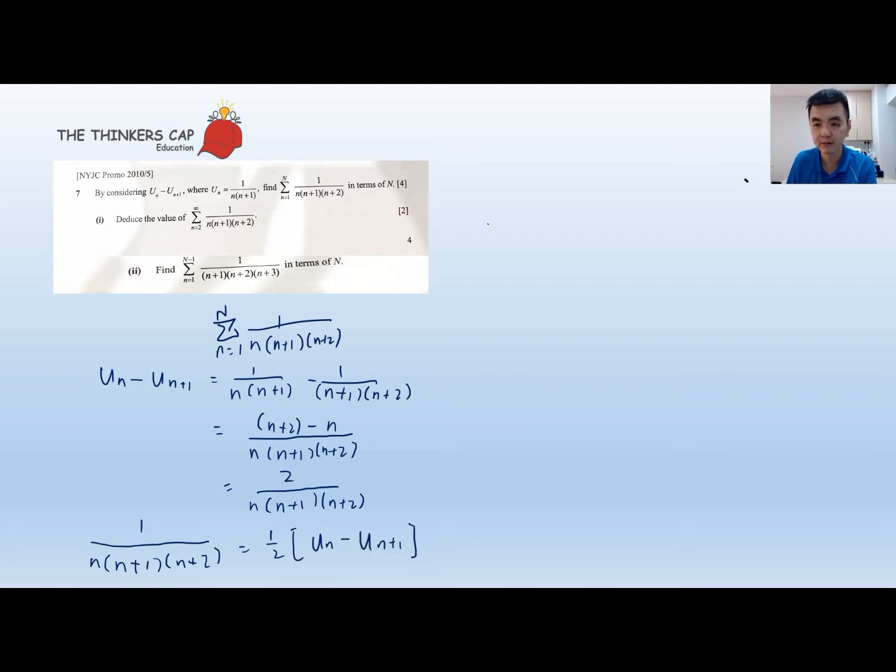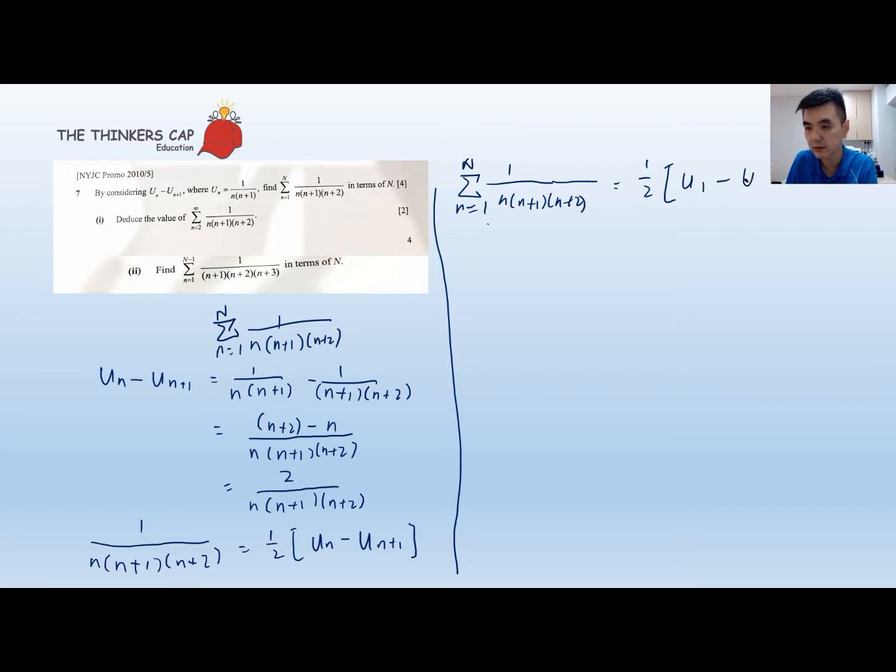Now we can redo our summation by considering these two terms. The summation of n equals 1, and I'm going to rewrite this for easy reference. I'm going to write in the first term, which is u1 minus u2.